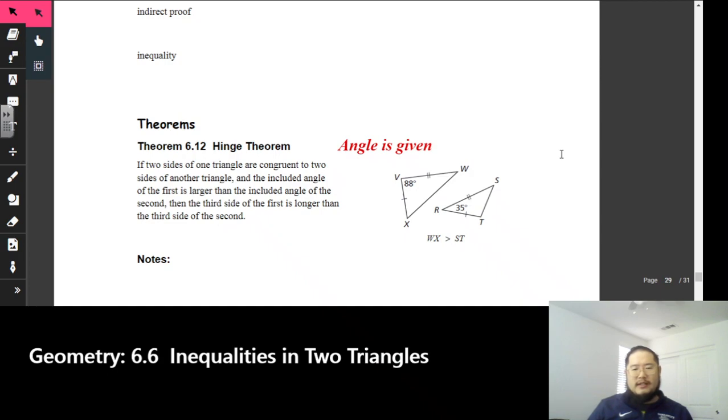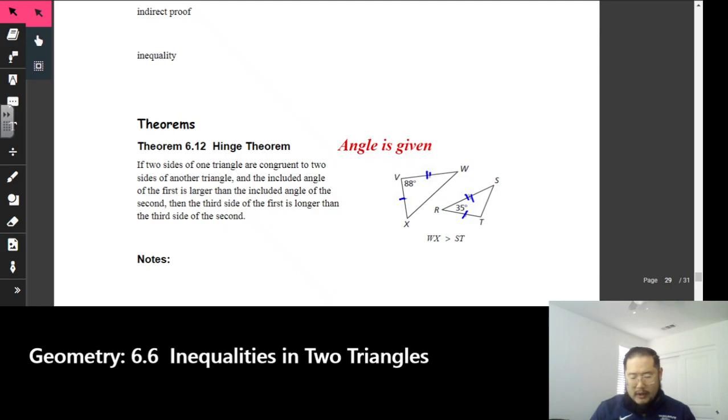If I take a look at these two triangles right here, I know that they're congruent because they have several markings. We have VX is congruent to RT. We have VW is congruent to RS.